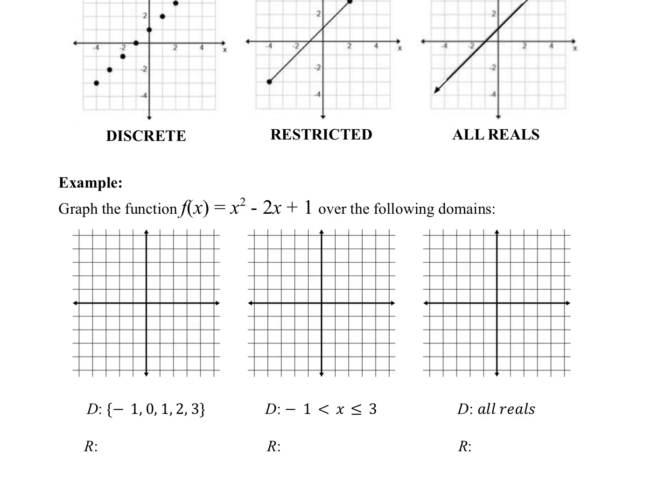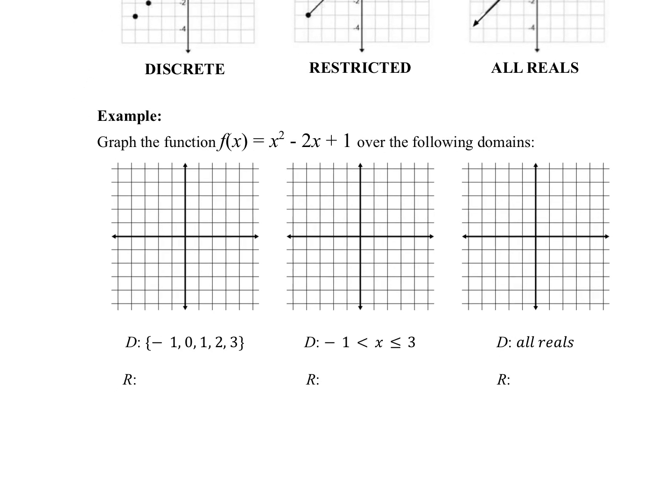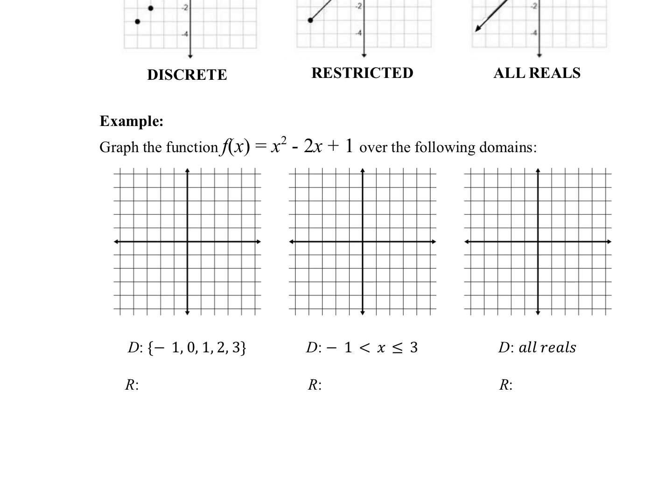So let's take a look at an example, and let's look at all three types of domains. The first thing is, I'm given a discrete domain. We are going to have a table of values, so I'm going to have x and f of x. And I notice in this first example that I'm given a discrete domain.